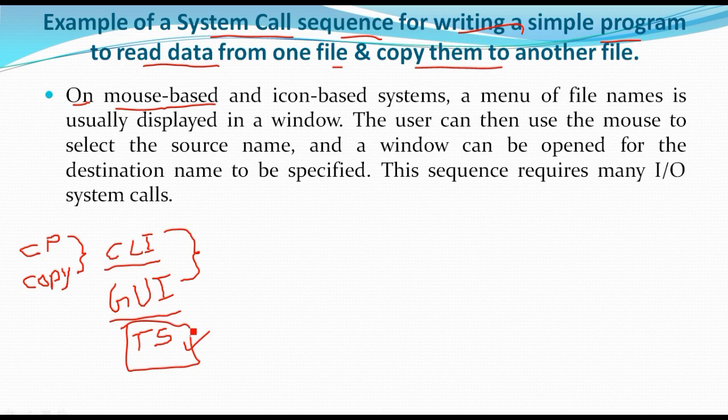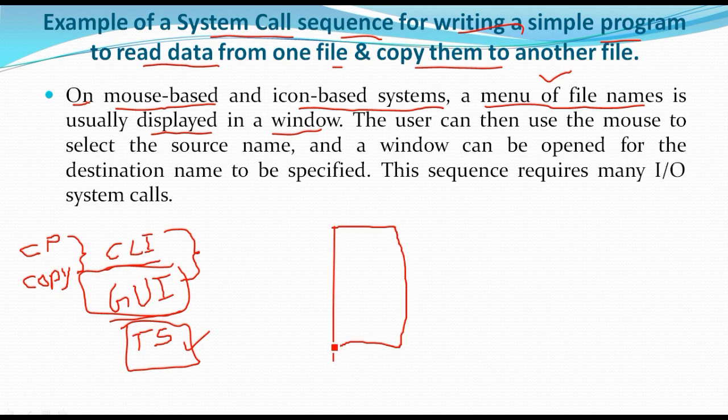Now assume that on a mouse-based and icon-based system, meaning we are using a GUI system, the menu of file names is usually displayed in a window. So in the window we are getting file names, right?